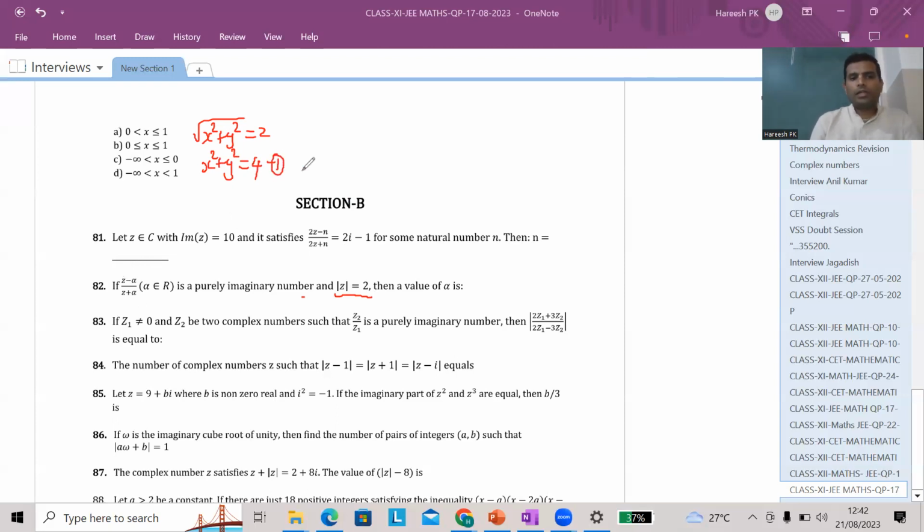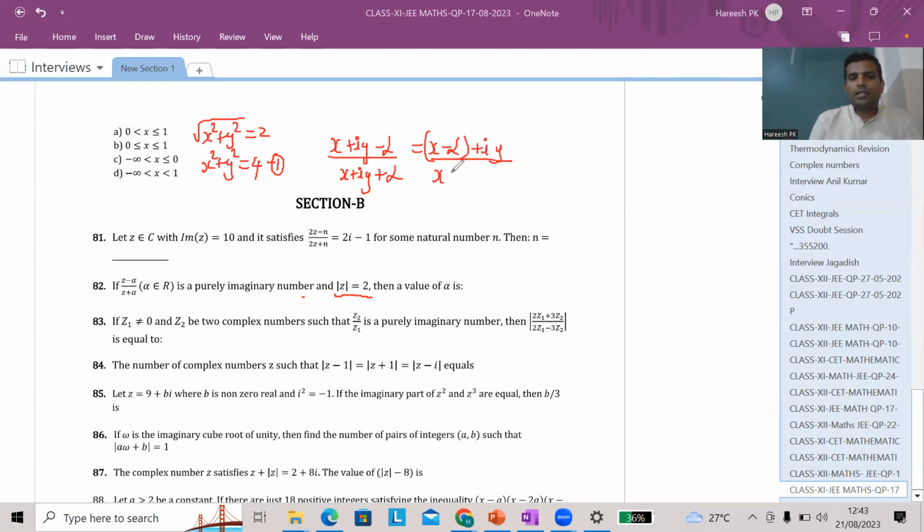And now they are saying (x plus iota y minus alpha) by (x plus iota y plus alpha). This is purely imaginary, they say. If it's purely imaginary, the real term should be 0.